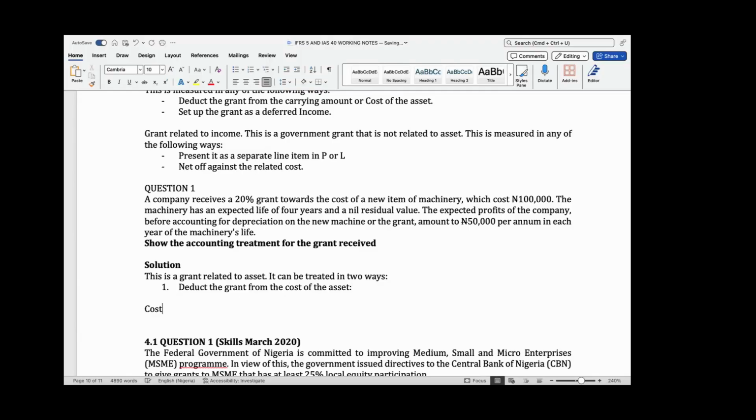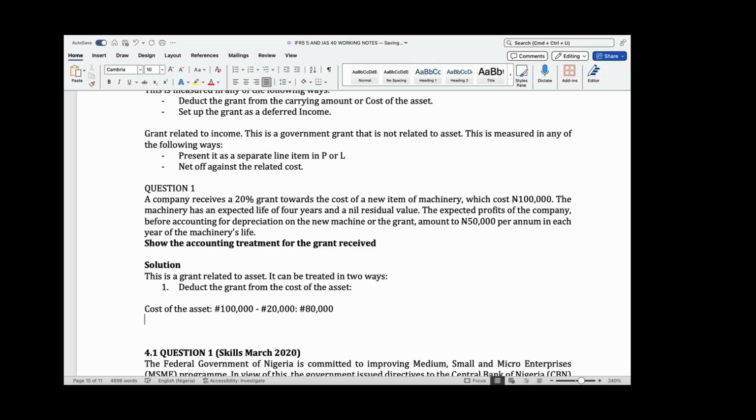In that case, cost of the assets for us will now be 100,000 minus the grant of 20,000. So the cost of the assets will now be 80,000. So in that case, the depreciation per annum on the assets will be 80,000 divided by what's the useful life? 4 years.